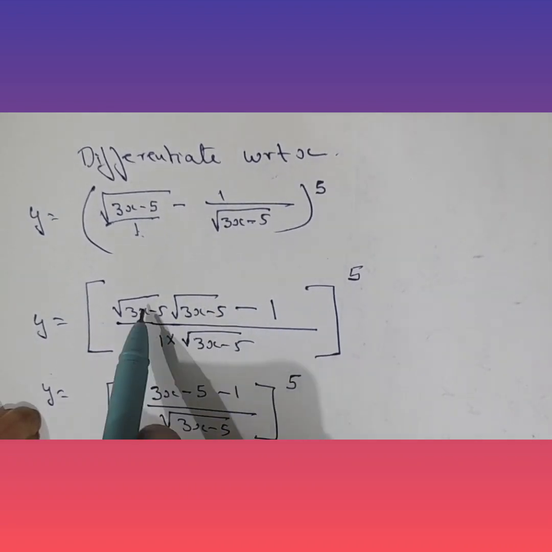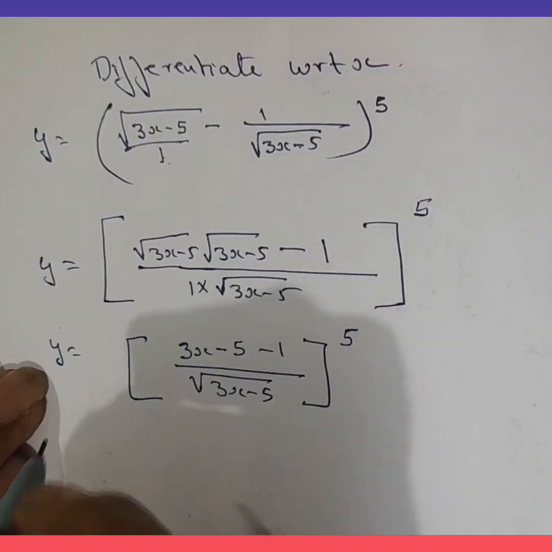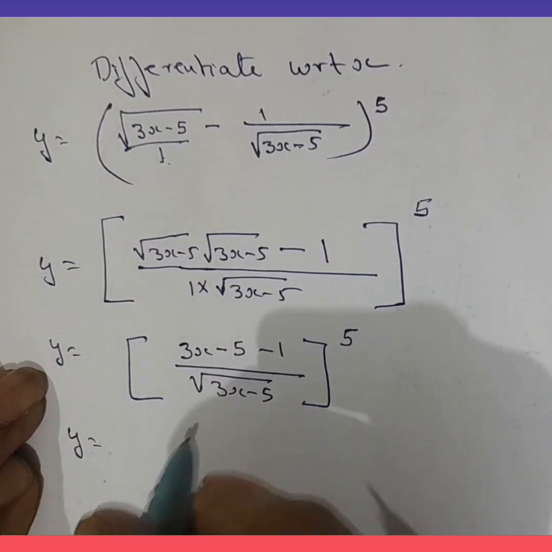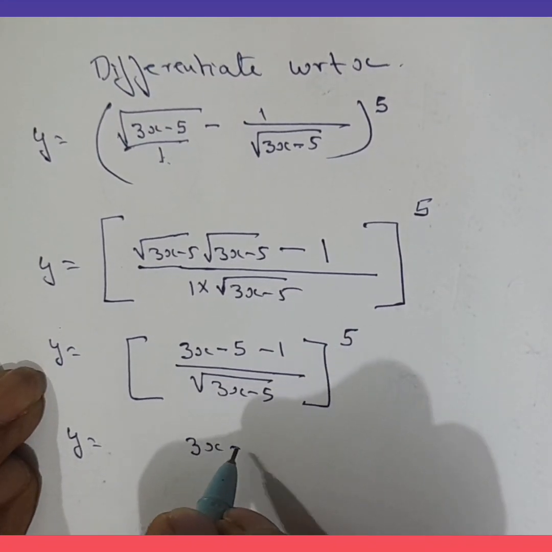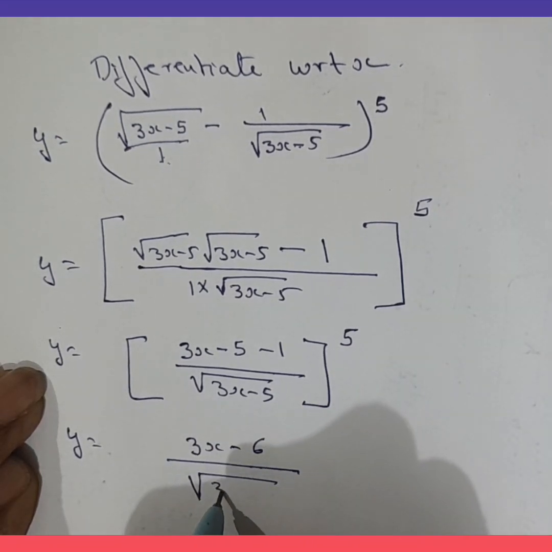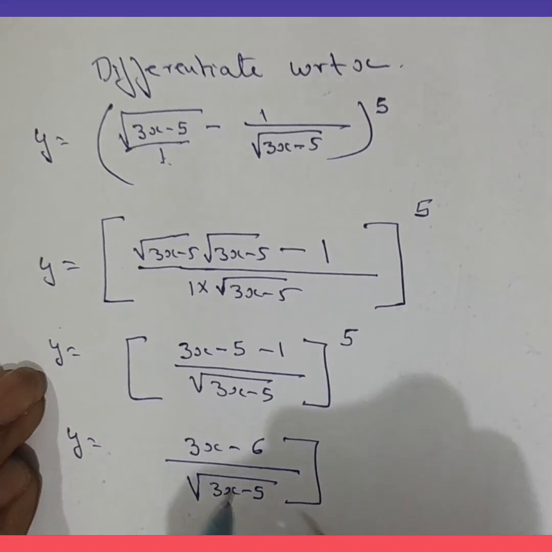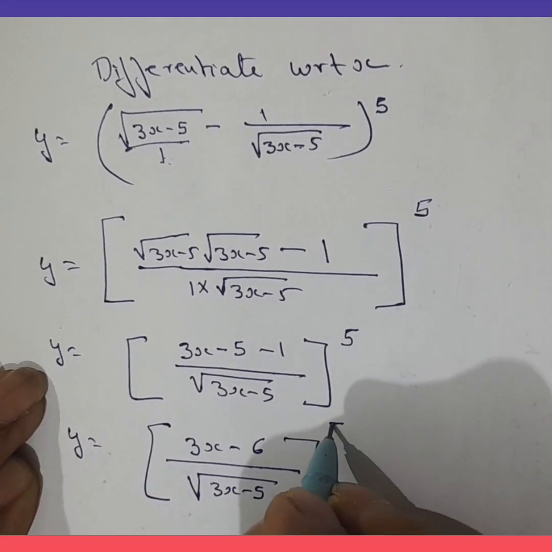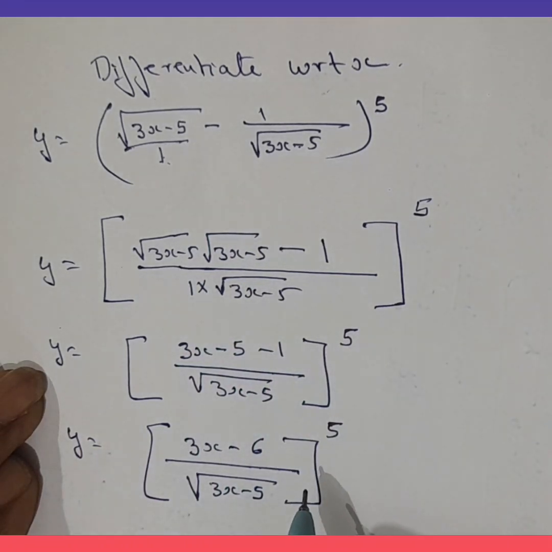Alright, you know this because the root disappears because it's a square. So on simplification, what we end up with is 3x minus 6 upon root 3x minus 5, the whole raised to 5. See, the LCM thing helps over here. Alright, so this is what we got.